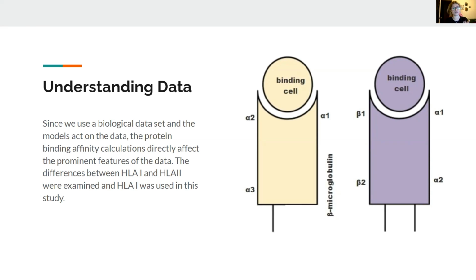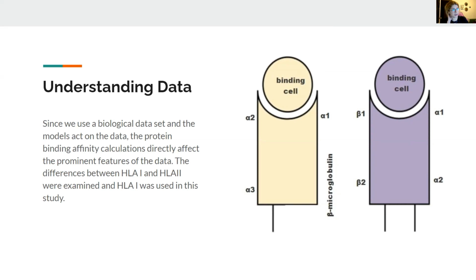The biggest issue at first was which data we were going to use, because there are different models for different data types. HLA class 1 is a little bit more homogeneous, not perfectly, but more than class 2.